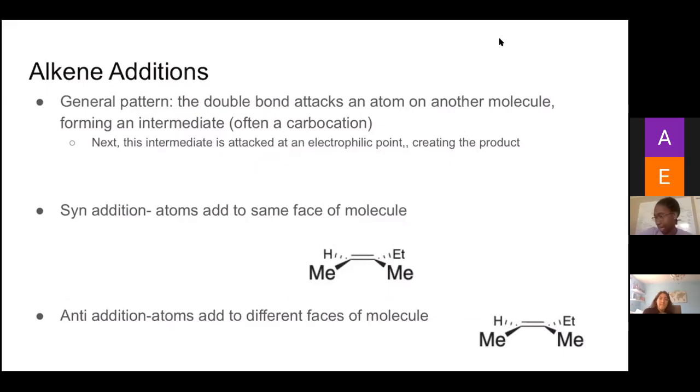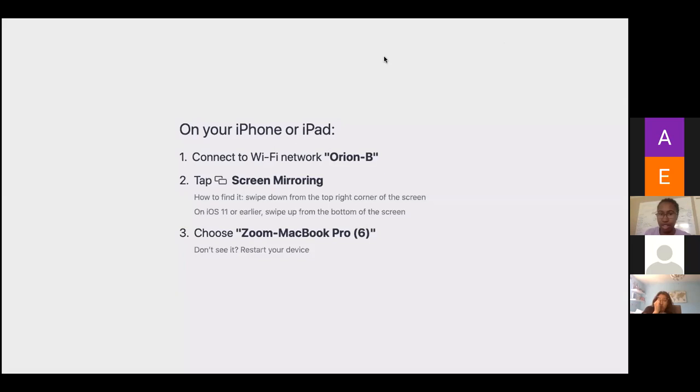So that's why we have these two methyl groups on wedges, and we've got the ethyl and the hydrogen in the back. So for Syn addition, the two atoms are going to add to the same face of the molecule. So let's say I'm adding 2 hydrogens. I'm going to draw arrows to show that they're both going to land on the same face of the alkene.